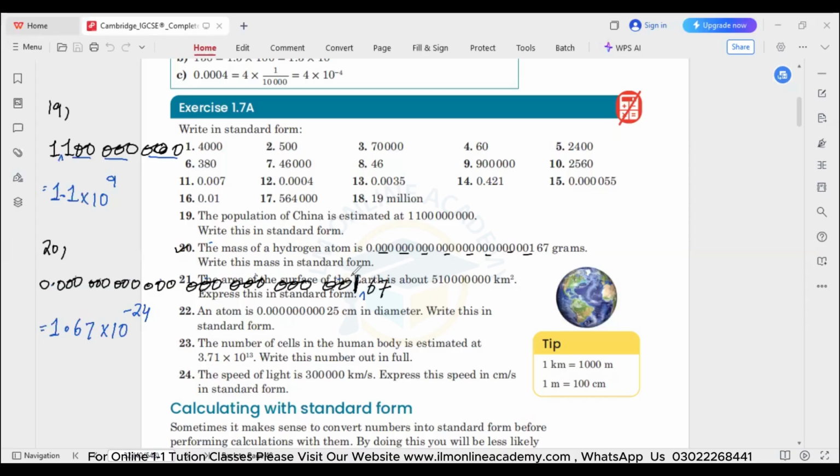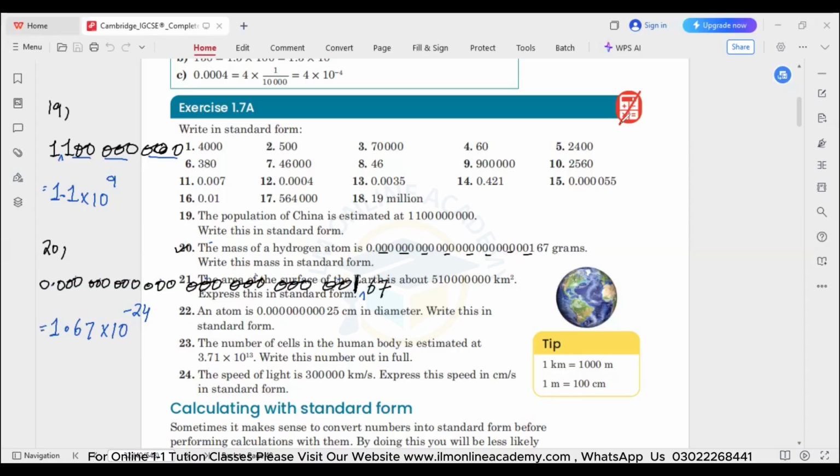I have counted this 1 as well, since it falls in this range, so we count it too. So the answer is negative 24. Reading this number is easier than reading that one, so we will be dealing with this very quickly.